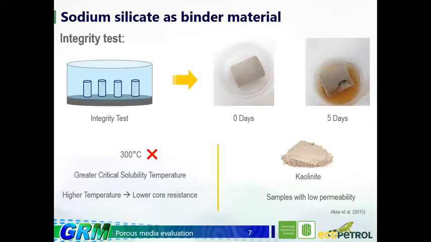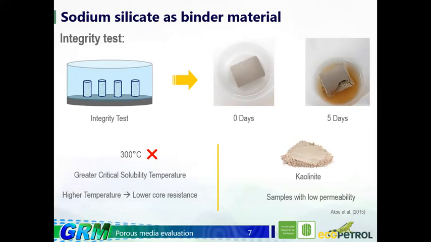For the integrity test, the samples were placed inside water. The first day there was no reaction and no disintegration. However, after 5 days, the samples dissolved into water and lost their integrity. So 300 Celsius degrees is not the critical solubility temperature.